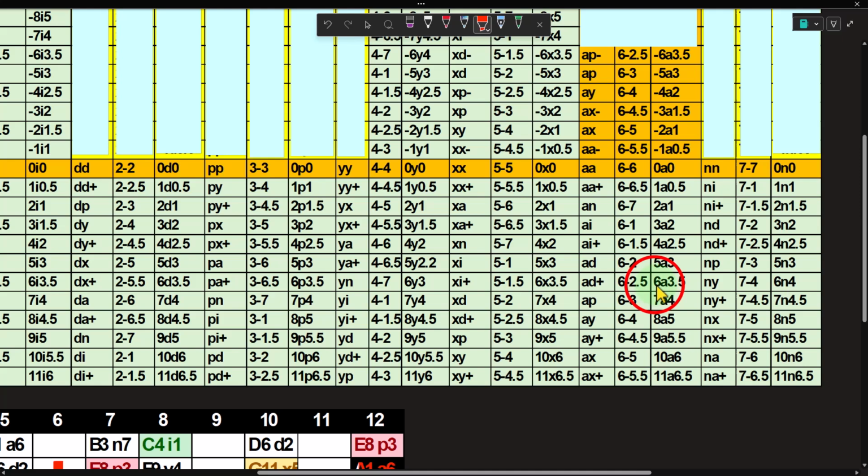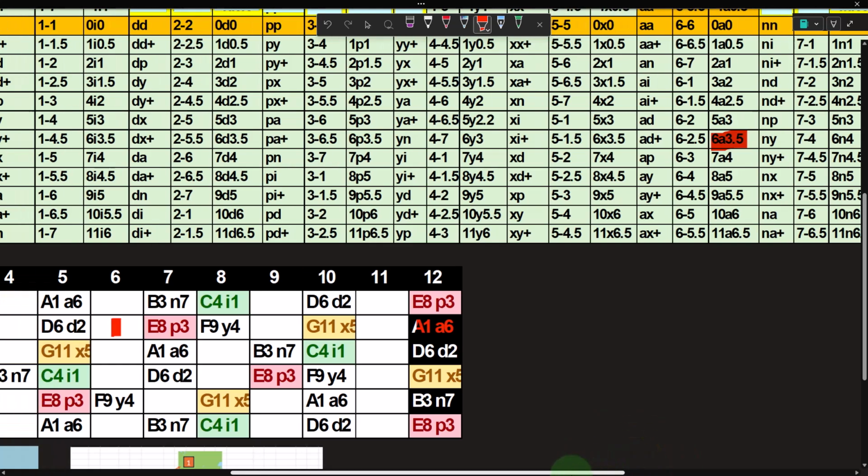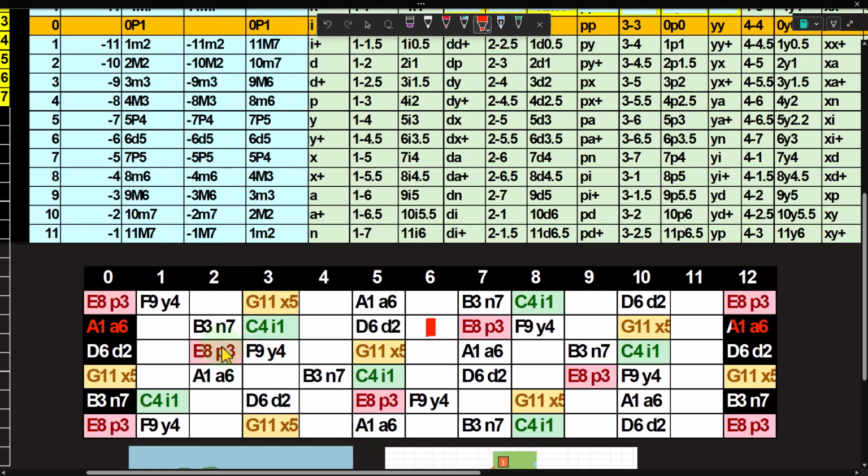If I went forward, it would be 12 minus 6, or 6 notes forward clockwise from the Aeolian node, and 7 minus 3.5 would be 3.5 modal half steps forward, which would be 4.5 scale degrees if we had scale degrees, but we don't.